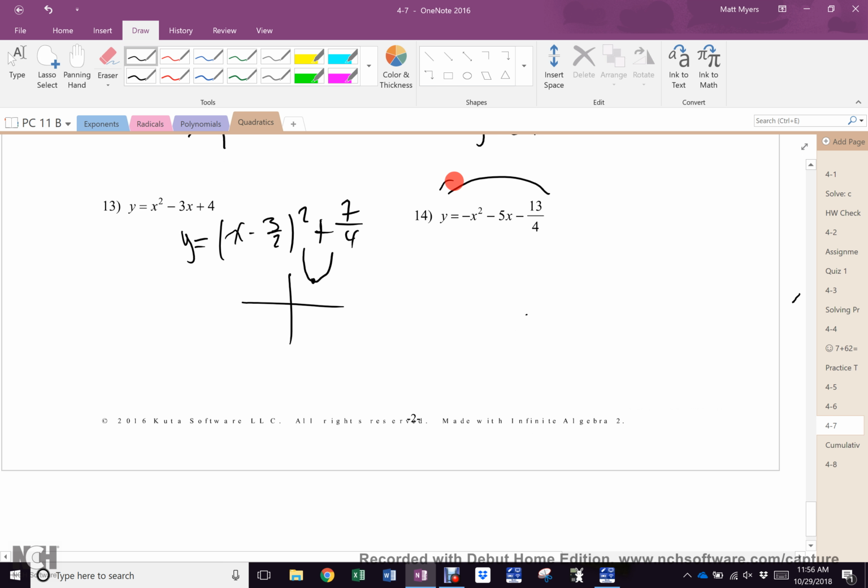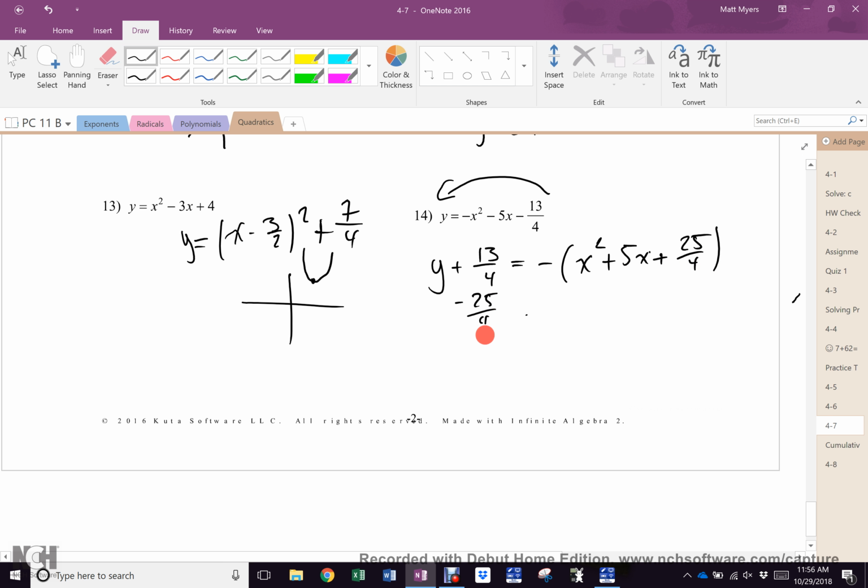Again, I like to get that out of there. y plus 13 fourths equals negative x plus 5x. Half of that is 5 over 2. 5 over 2 squared is x squared, plus 25 over 4. So I took away 25 over 4.